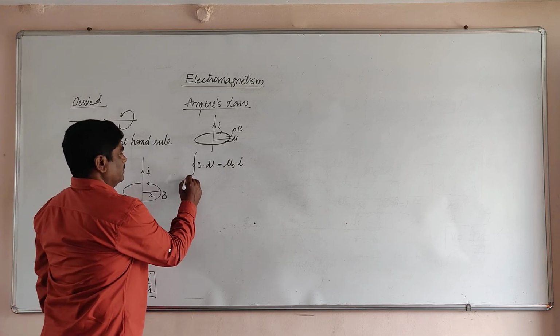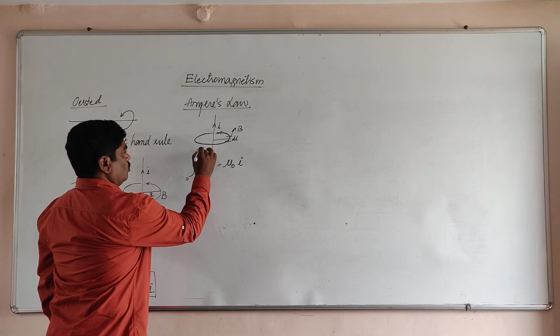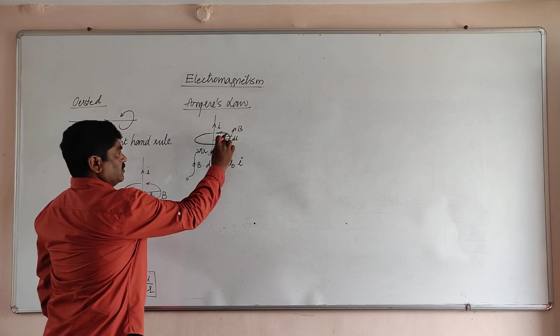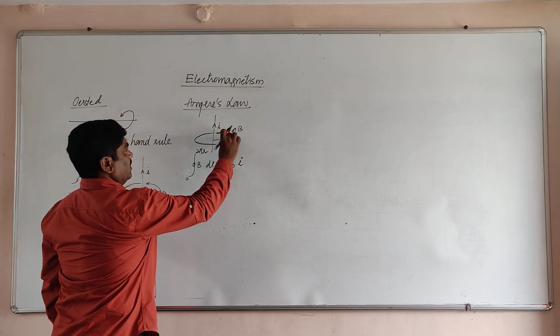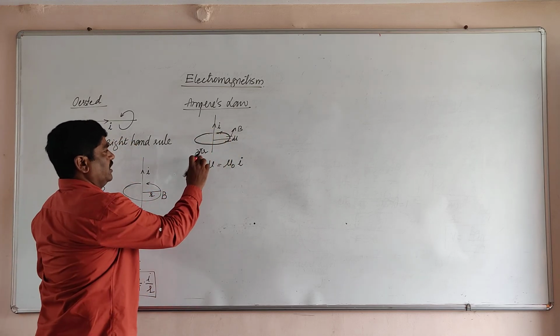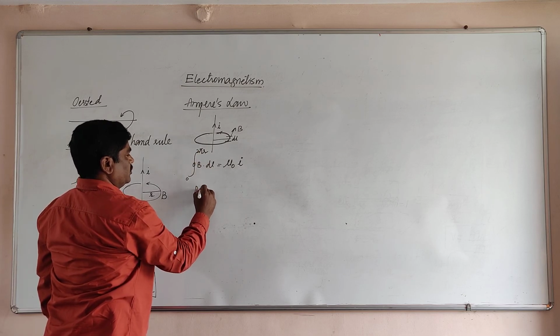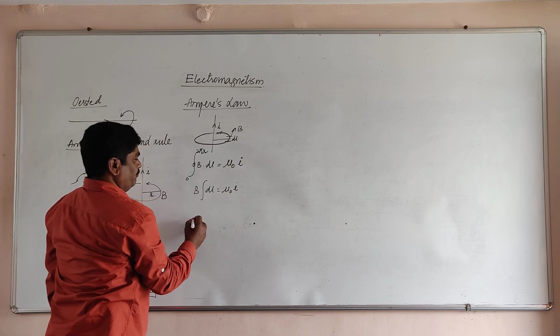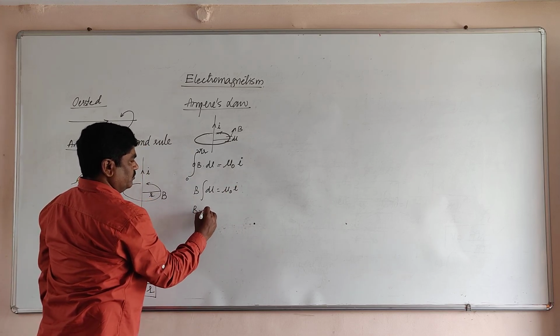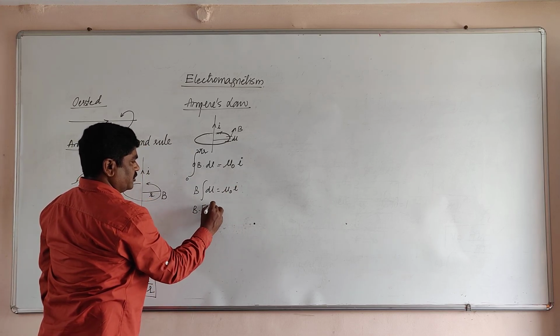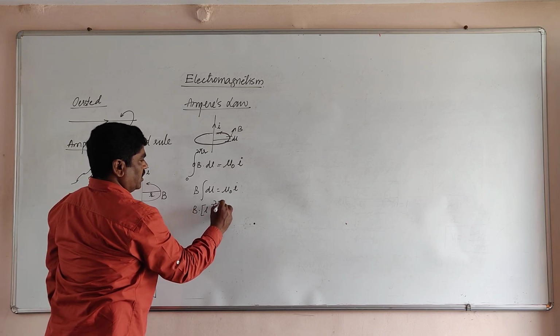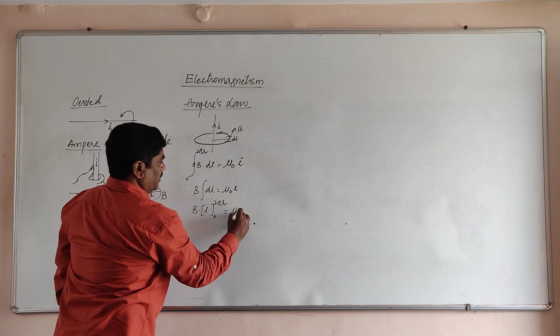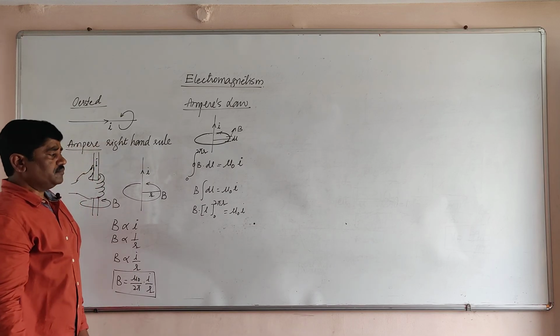It is spread from 0 to 2 pi r, from the smallest part to the entire circular path. Therefore the integral of dl is nothing but mu naught into I. So B into L, which is spread from 0 to 2 pi r, is equal to mu naught into I.